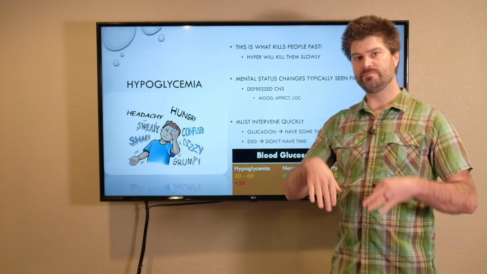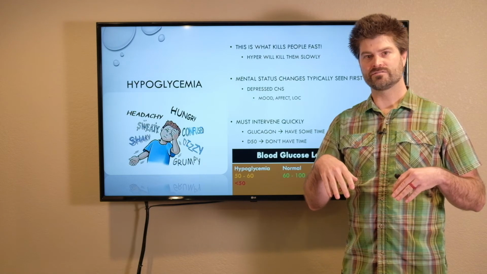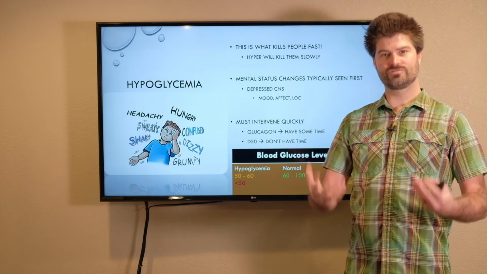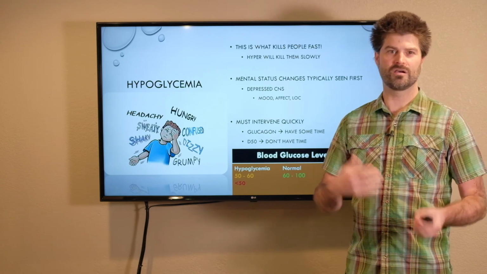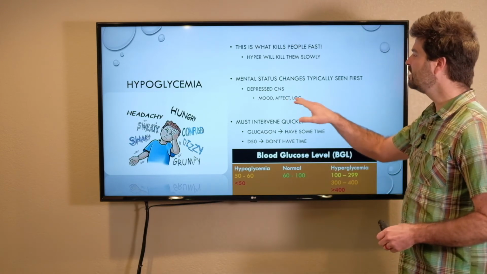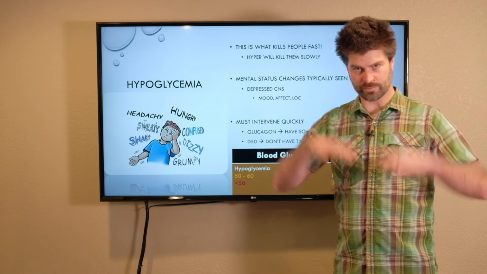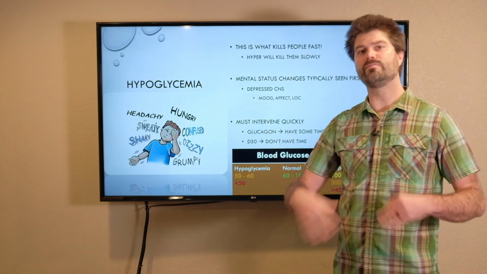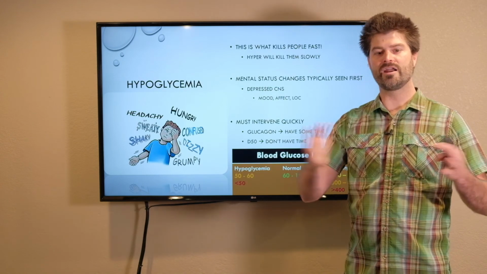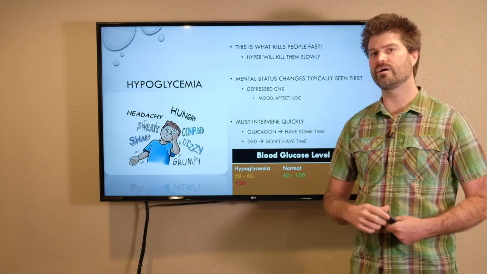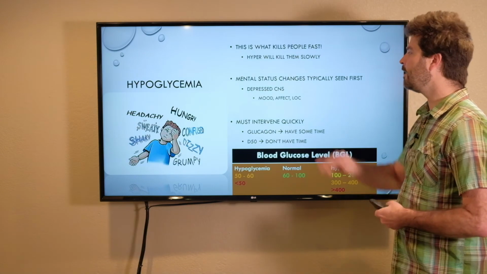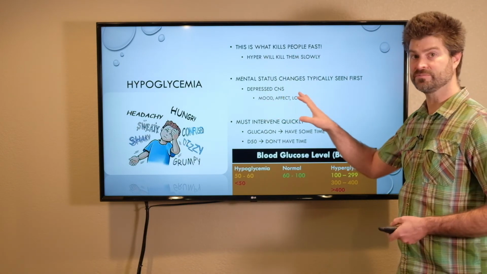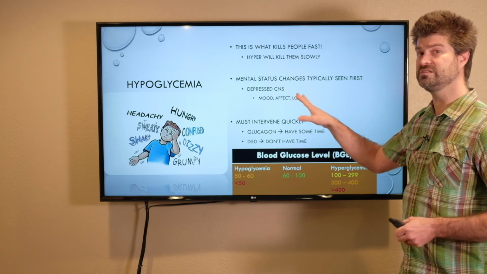Their affect may be depressed, so you may have to redirect them to answer your question appropriately, which is a common thing that I see around affect. And level of consciousness is depressed. So these are patients who need to be reawoken in the middle of a conversation. They're not able to follow and participate in a conversation very well. These are all very, very negative CNS symptoms that are highly indicative of hypoglycemia.